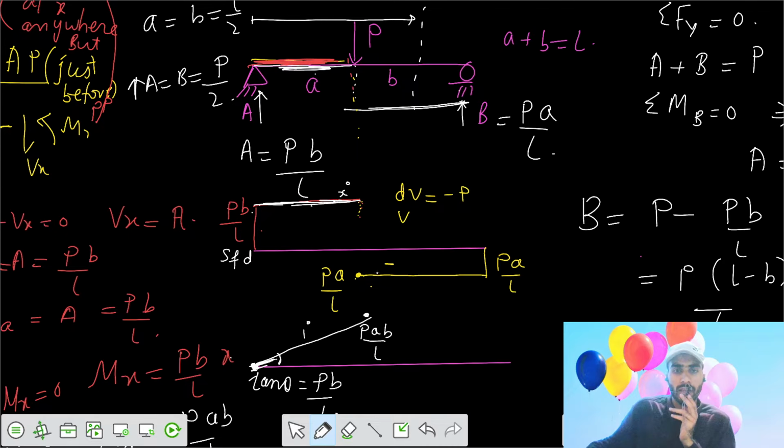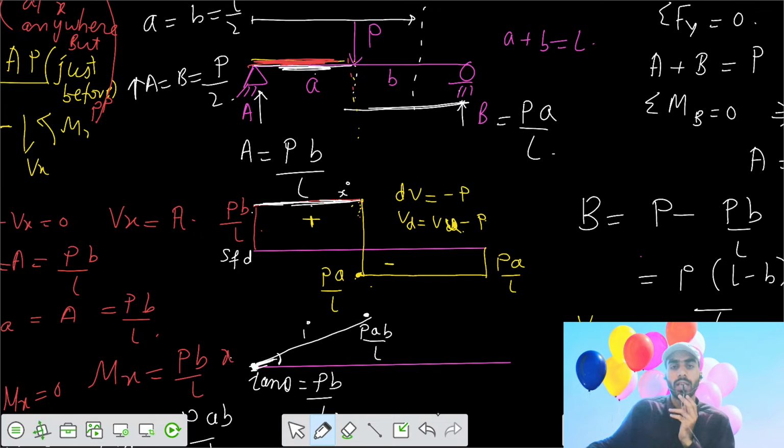Shear force downwards equals shear force upwards minus P. This one is the shear force upward, which was Pb by L, a positive value of Pb by L, minus P, so we get Pb by L minus P, which is minus Pa by L. So there is a sudden drop of P because of that effect.